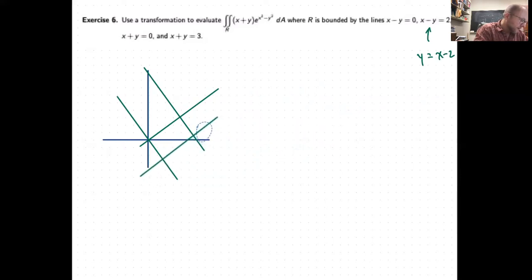And x plus y equals 3. All right. So I think these are going to look kind of like that. And I will tidy this up just a little bit here in a minute. So this place down here is minus 2. This place over here is 3. But this place here would need to be 2.